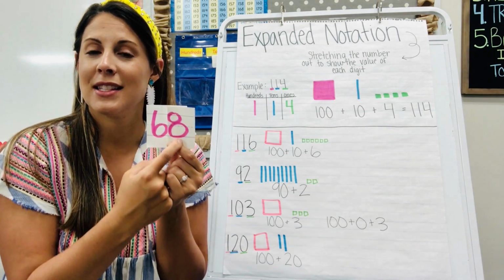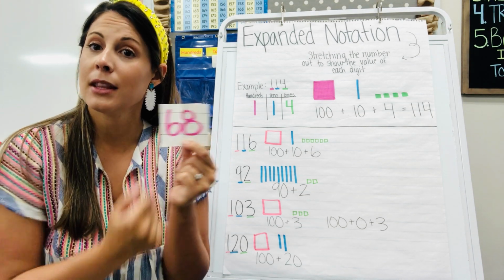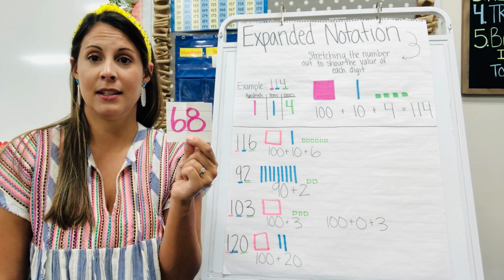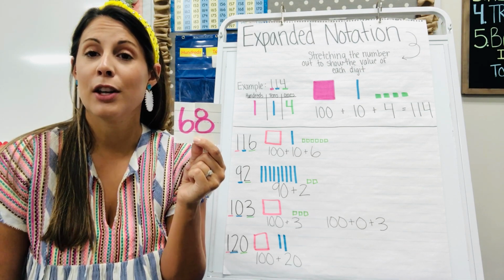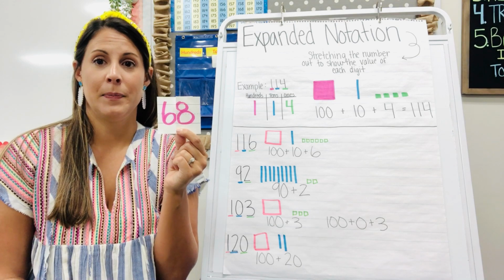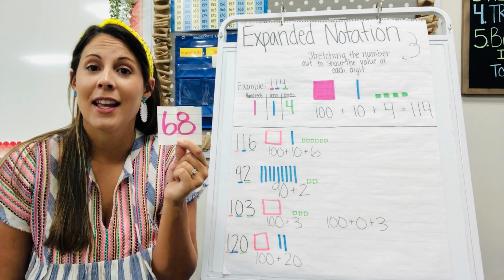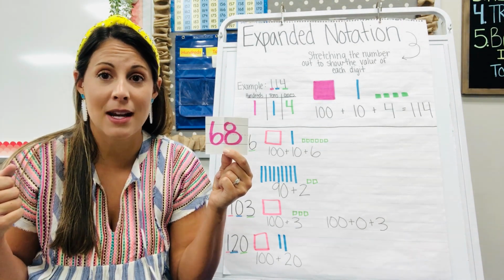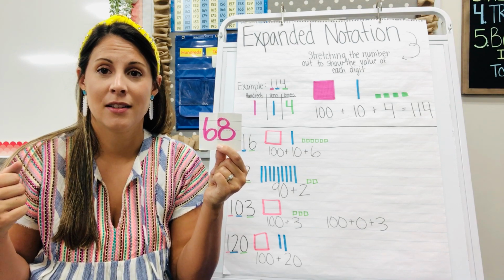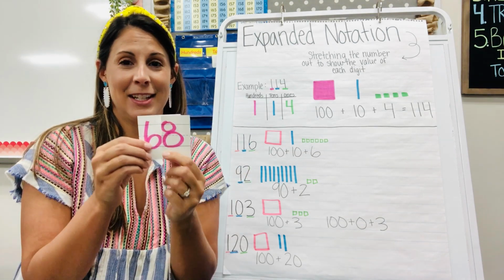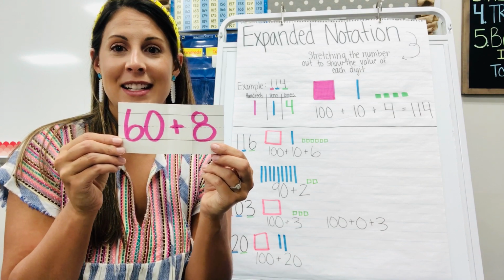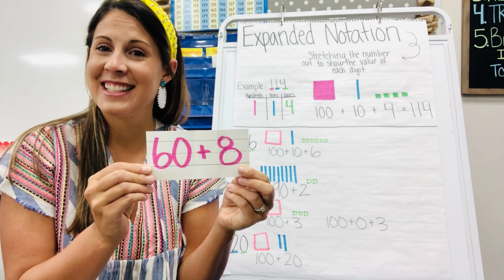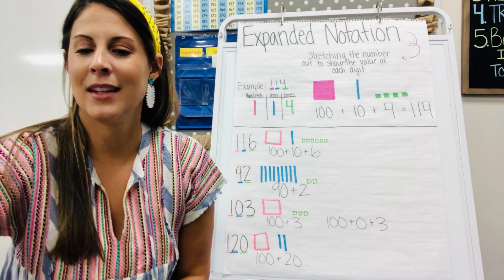And how many ones? 8. So think about the value of 6 tens. And think about the value of 8 ones. Now what would I write if I was to stretch it out into expanded notation? Are you ready to check? Here we go. 60 plus 8. Good job.